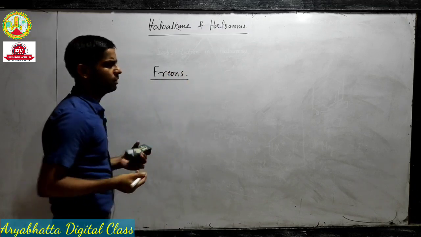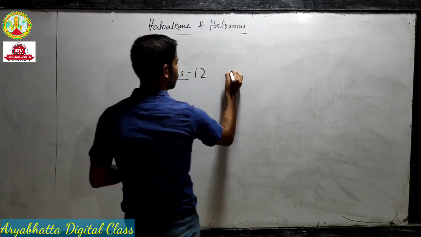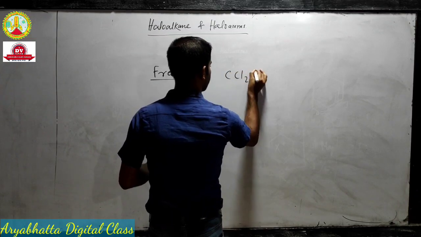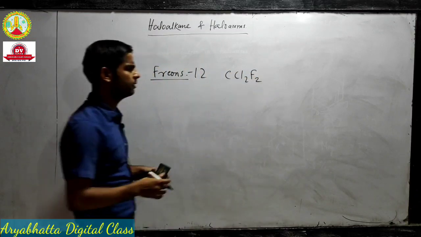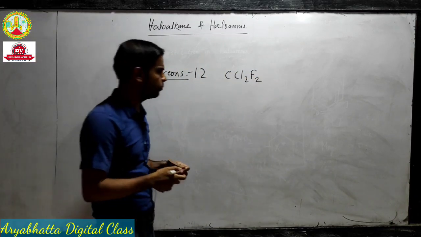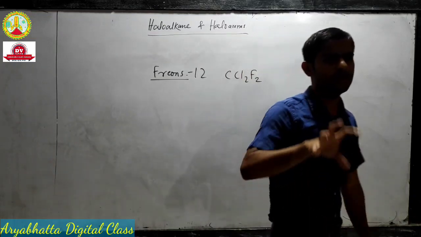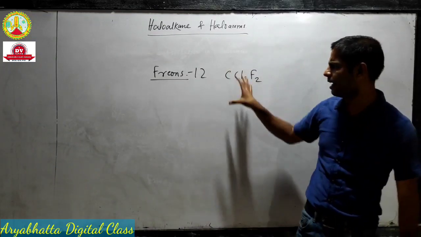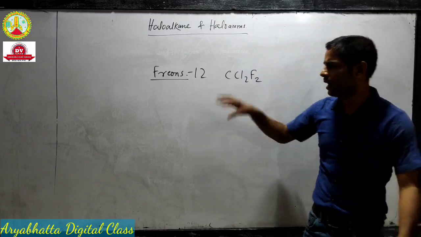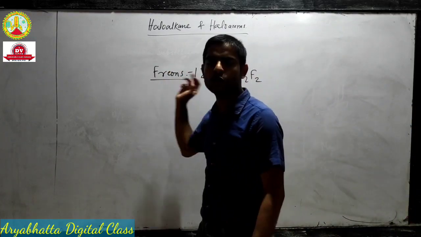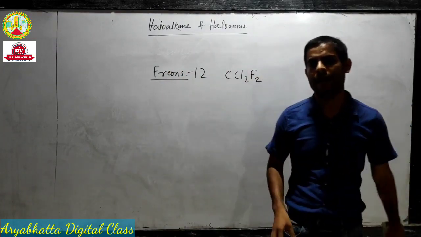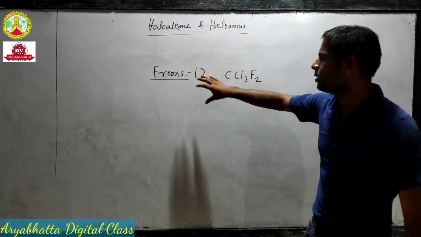Freon 12 is a chlorofluorocarbon, CCl2F2. So freon compounds are chlorofluorocarbons. Actually, they can have different molecular formulas, and they are used as aerosols and in refrigeration. Why?